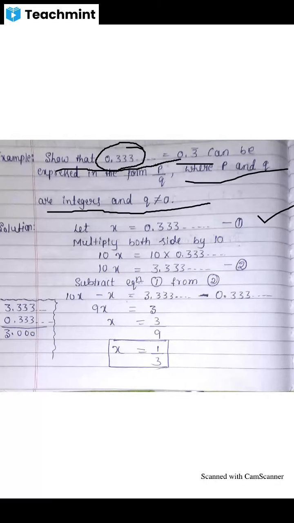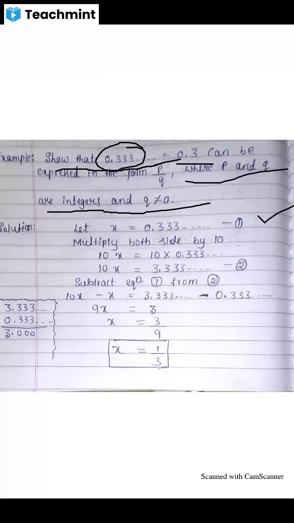You have to take the given decimal expansion as x and give it as equation number 1. Now, x is equal to 0.333 and so on up to infinity is called equation number 1.